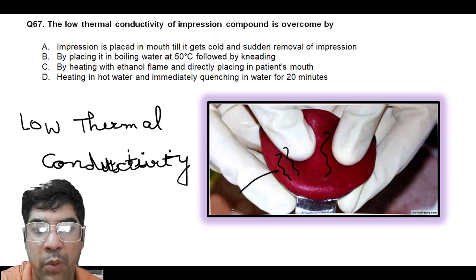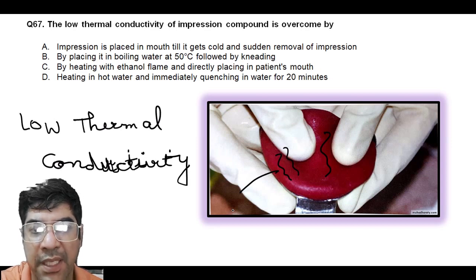Due to the poor conductivity, the layer adjacent to the mouth will remain soft. So it is important to cool the compound thoroughly. Removal of the impression at this stage can cause distortion.